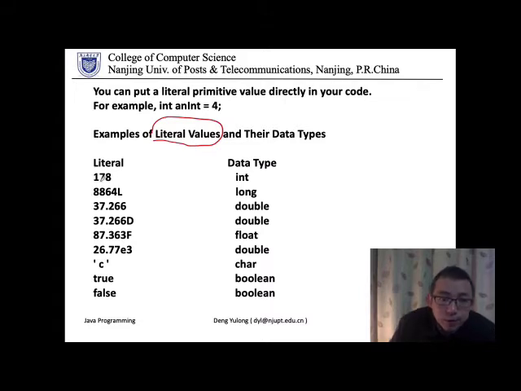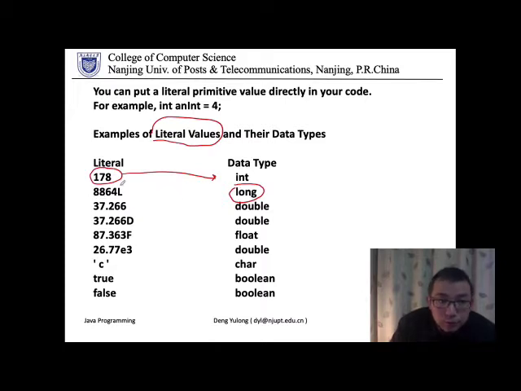For example, if I want to assign a literal value to an int variable, we write, for example, 178. And we want to assign a long integer type value to a long variable.